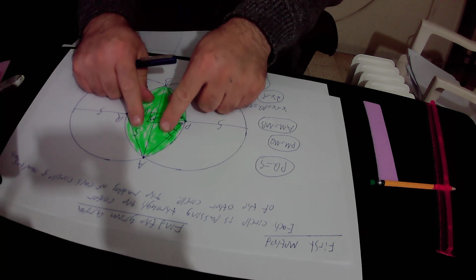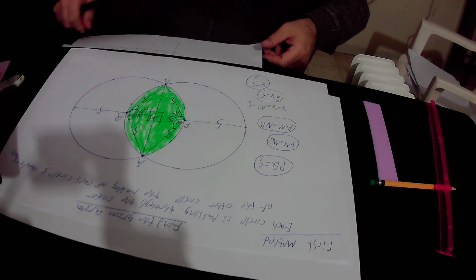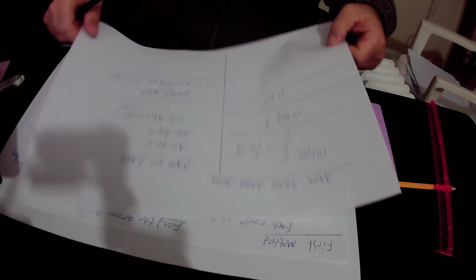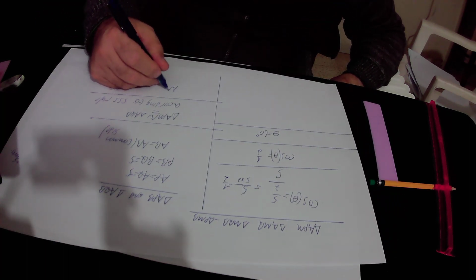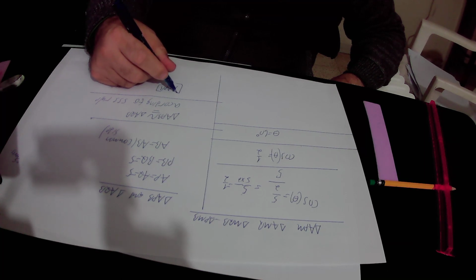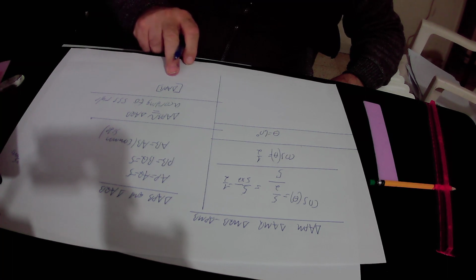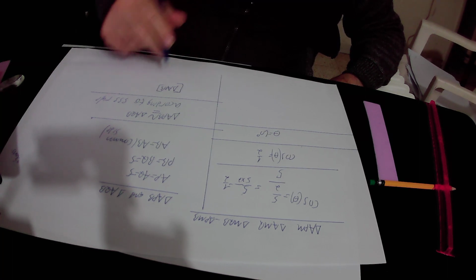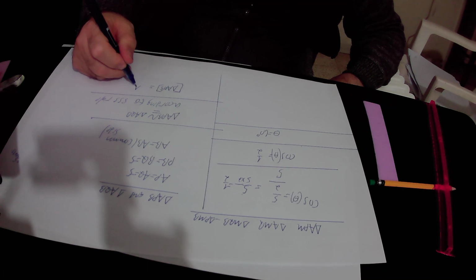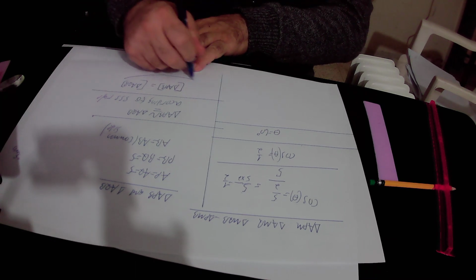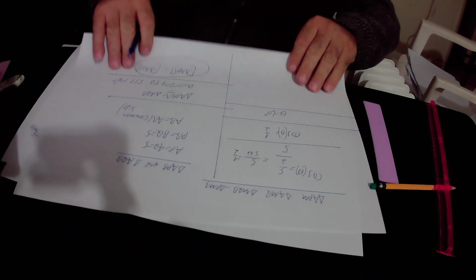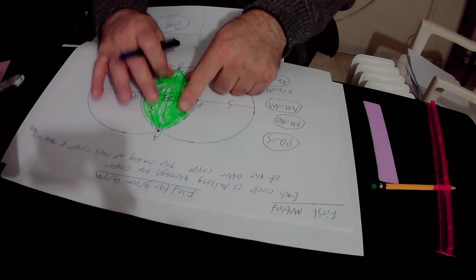From that, we conclude that they also have the same areas. So the area of triangle APB equals the area of triangle AQB, where the squared bracket is the sign for area.